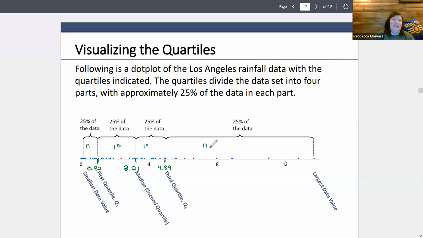okay. So as I was saying, it's an attempt to break up that data. What we see with quartiles, especially when we have two values close to each other, like the 0 and the 0.92, is that my smallest value is close to 0 or is 0. This is rainfall.